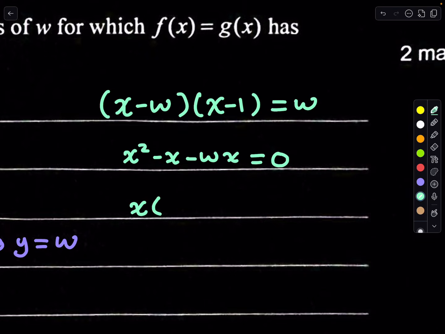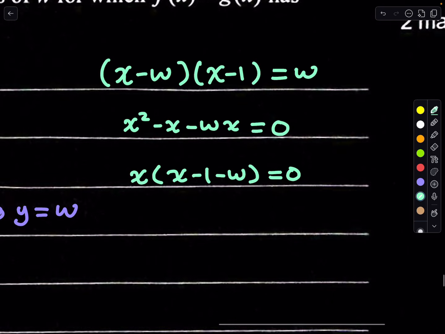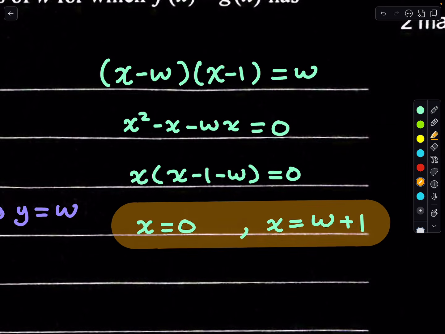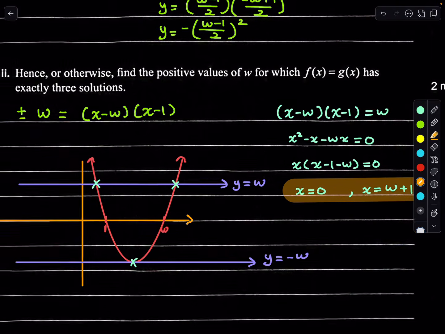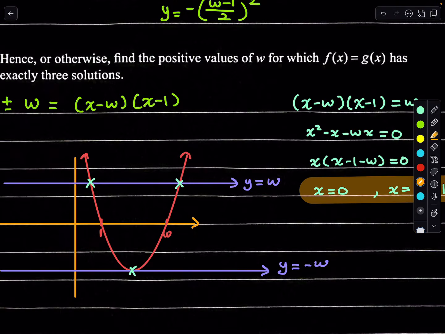Now x is a common factor, so it'll be x times x minus 1 minus w equals 0. So we get x equals 0 as a solution, and x equals w plus 1. Perfect. We already got two x values, these are our two x values.